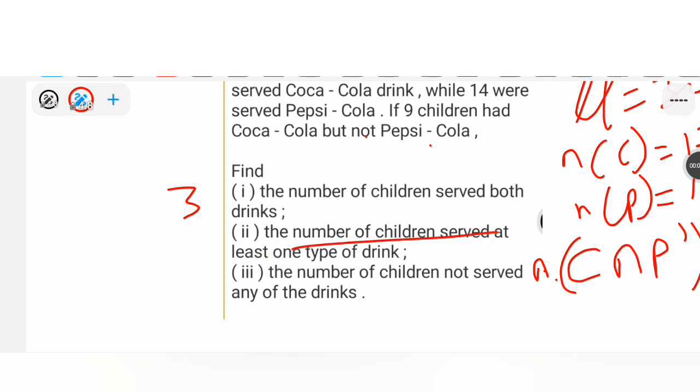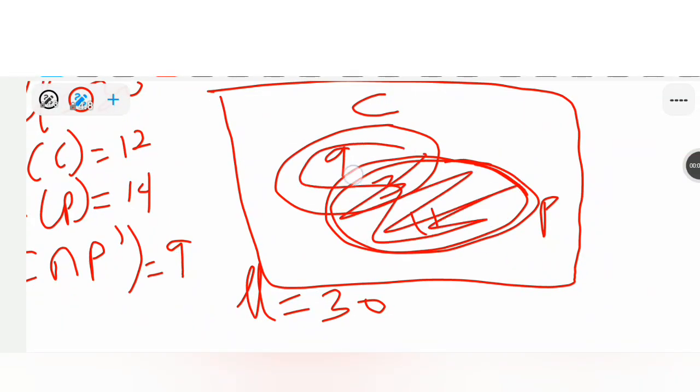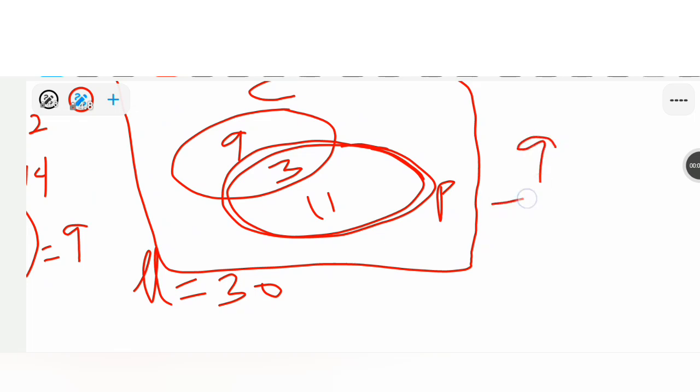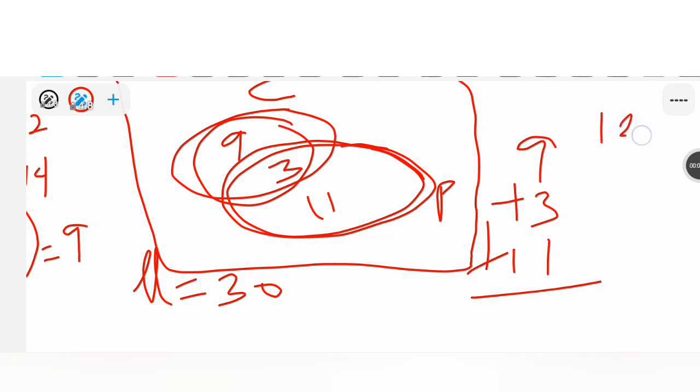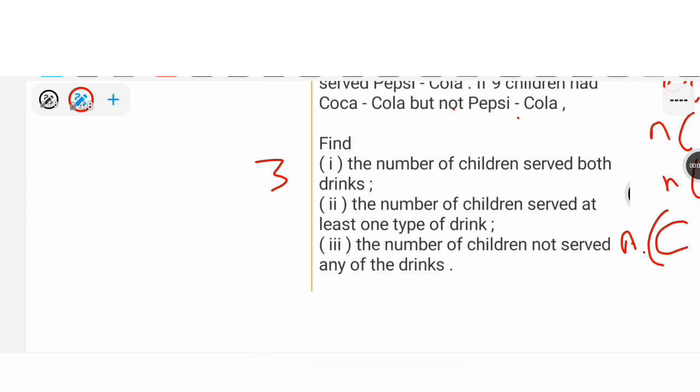So you need everything in this circle and everything here, addition of everything. So you have 9 plus 3 plus 11. 9 plus 3 is 12. 12 plus 11 will give you 23. So that means 23 children were served a particular kind of drink.